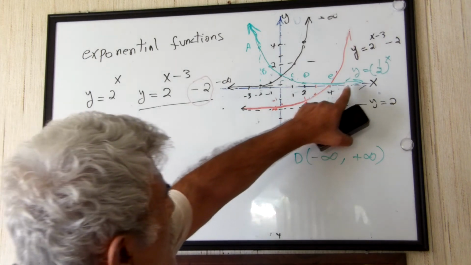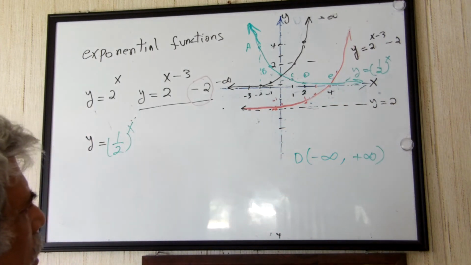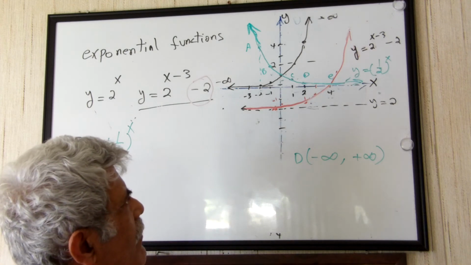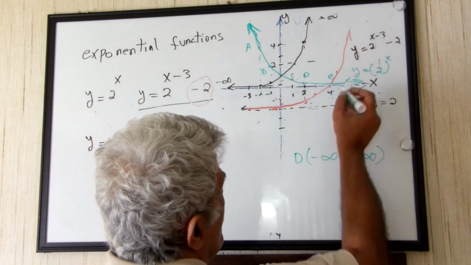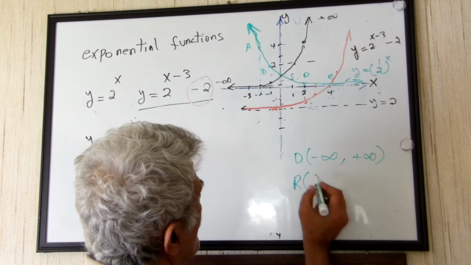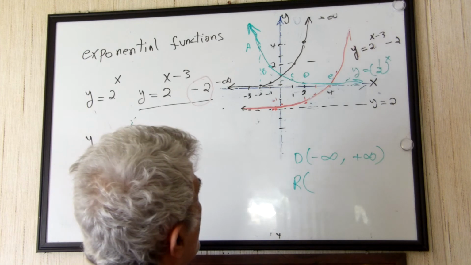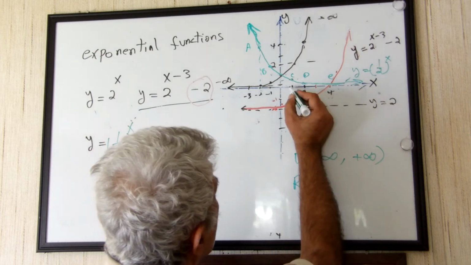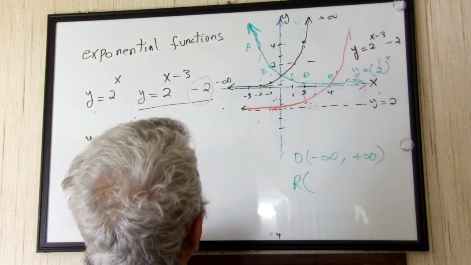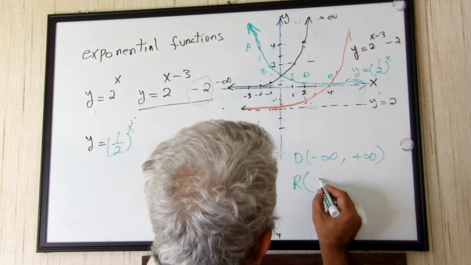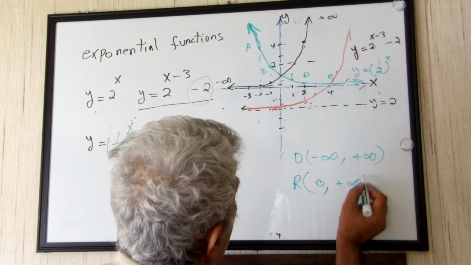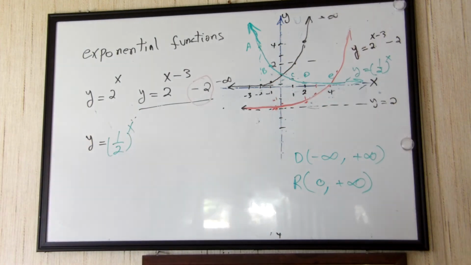This is not going to get to 0, at infinity maybe, but it's undefined. Anyway, the range of this function is the values that start from 0 and go up to plus infinity. This is going to be the range.